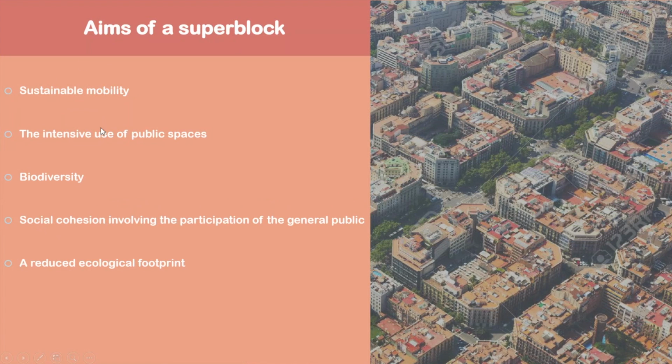These are the aims of a Superblock: sustainable mobility, intensive use of public space, biodiversity, social cohesion involving the participation of the general public, and finally a reduced ecological footprint. These are also already included in the main goal of the Sutter plan, increasing the green space in these blocks.